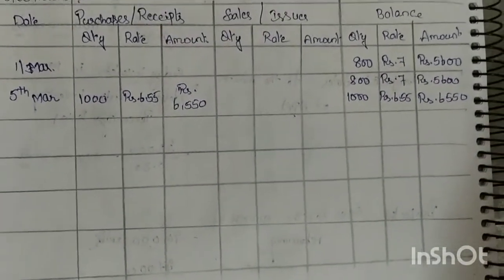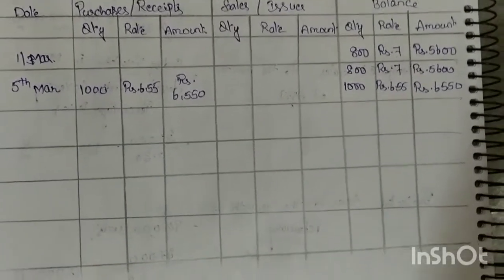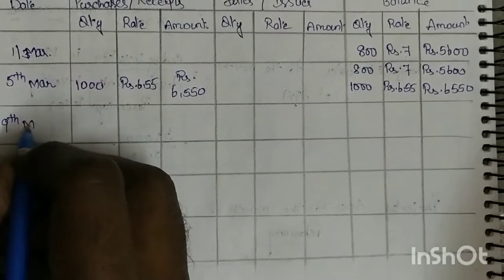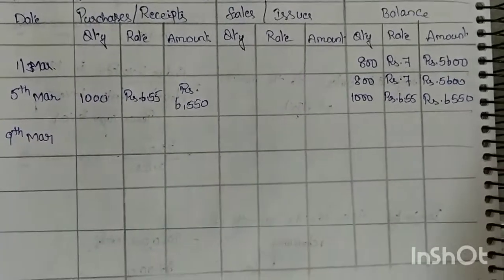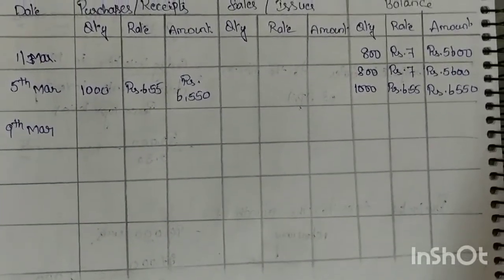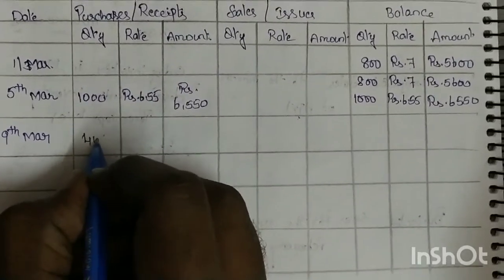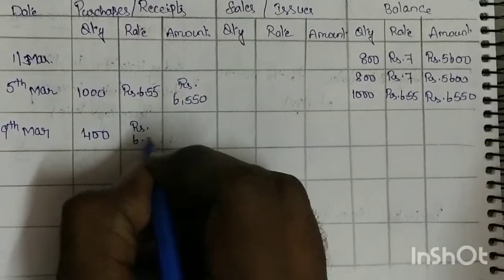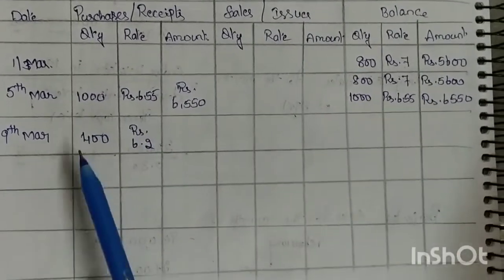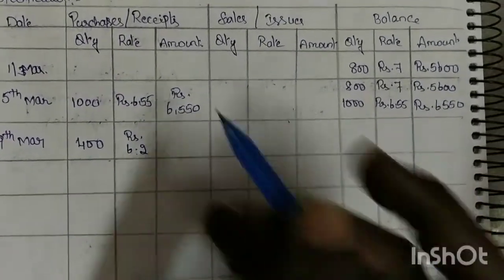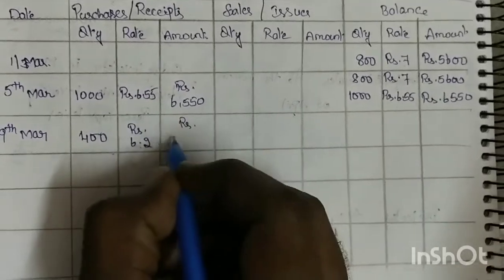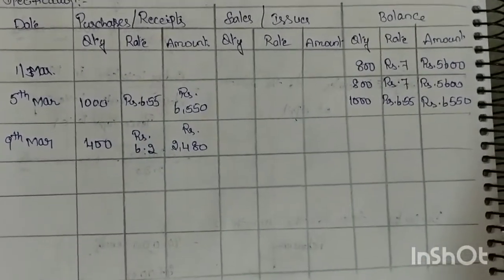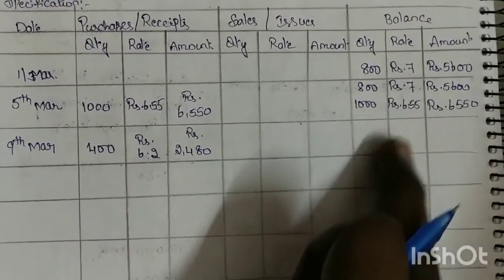Next, on 9th March, they again purchase, 400 units at a price of rupees 6.2. The amount, 400 into 6.2, gives 2480. This is the purchase. Again this purchase has to be added to the balance.